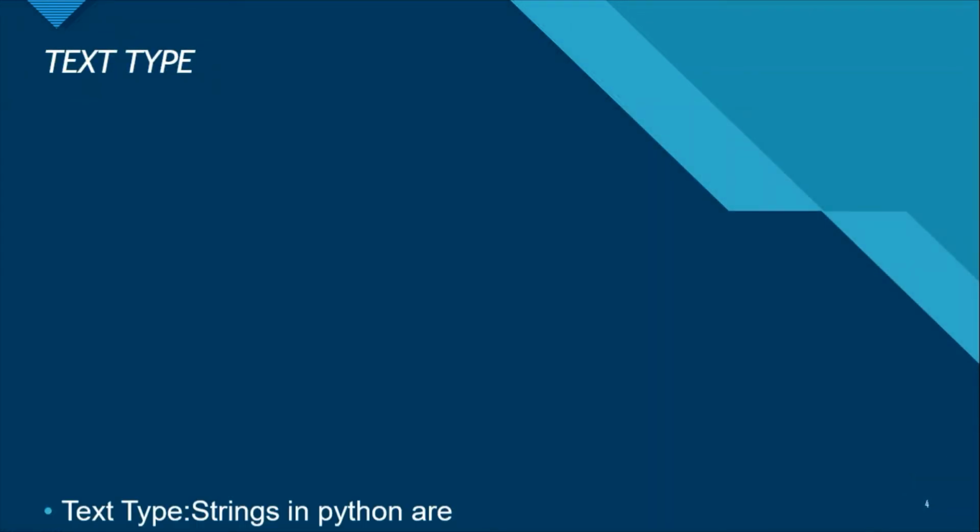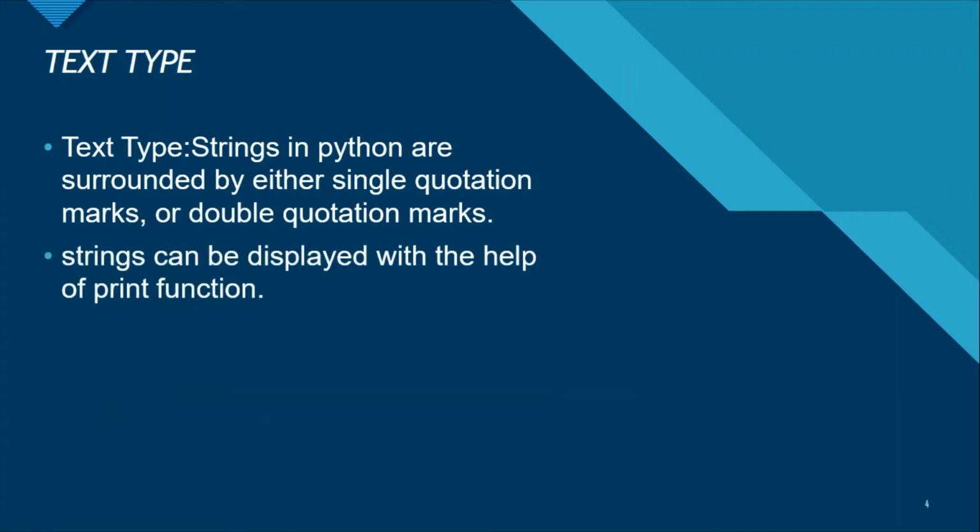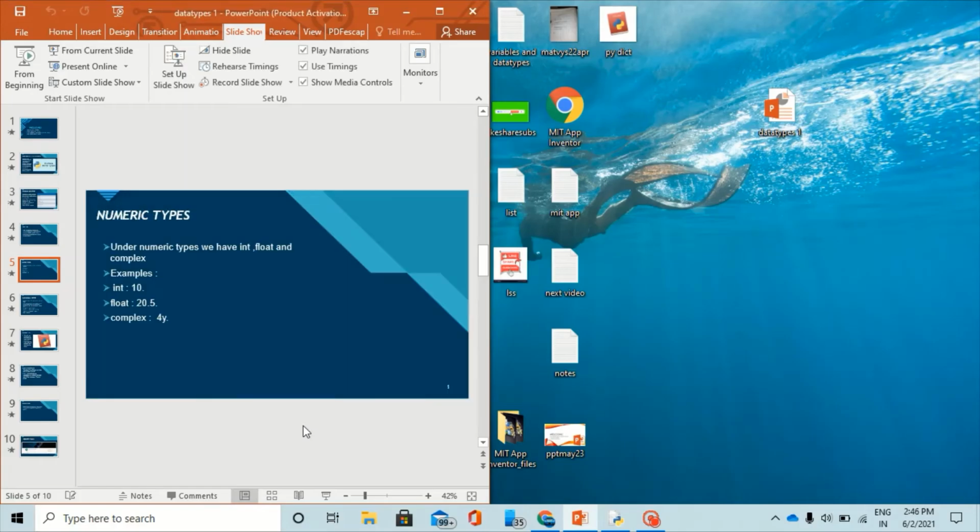Text type. Strings in Python are surrounded by either single quotation marks or double quotation marks. Strings can be displayed with the help of the print function. So let's try it.